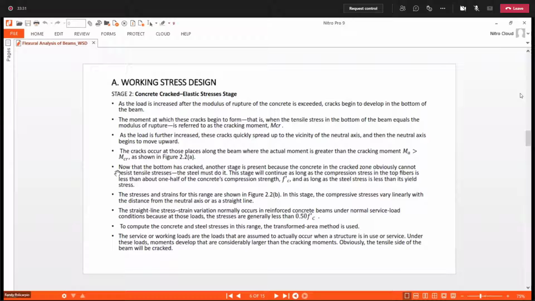So do'n sa uncracked, balik, MA is less than MCR. So kapag nag-crack, nasa cracked stage na yung concrete mo o yung beam mo, MA is greater than MCR. Okay? So ano pa yung mga important things na kailangan nating consider dito?